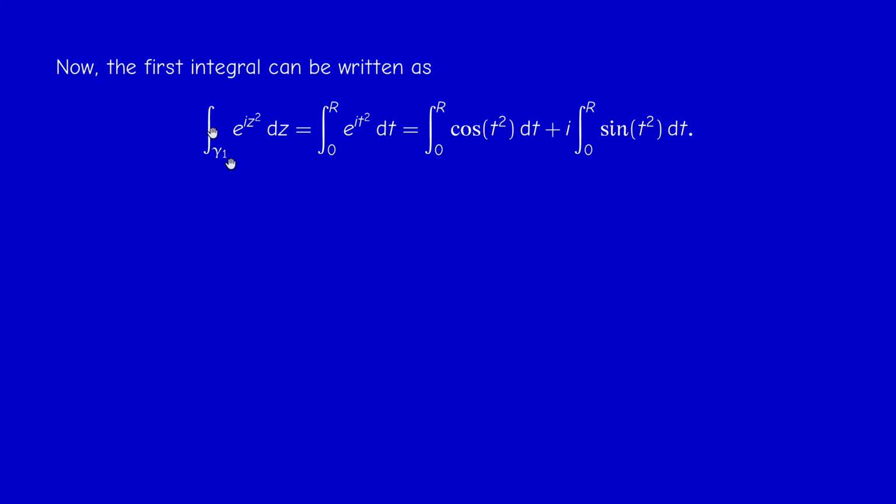The first one, straightforward. I just replace f of gamma(t) times gamma prime. Gamma prime is 1. Gamma of t is equal to t. So I get the integral from 0 to r of e^{it²}, and that I split into a real and imaginary part. Now the purpose of the exercise is to compute these integrals when r tends to infinity.